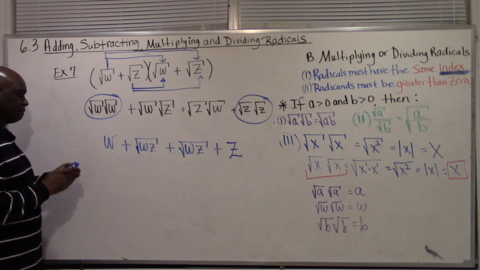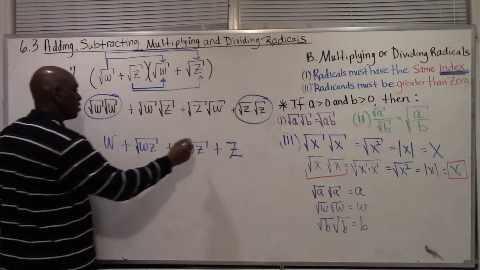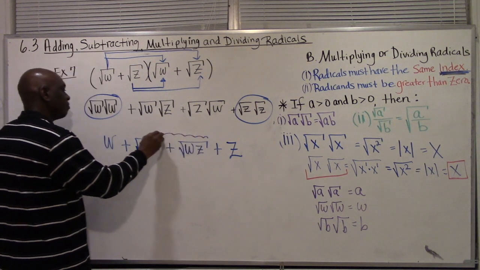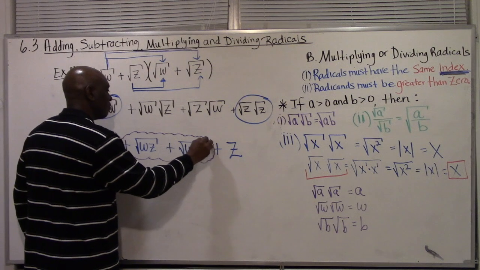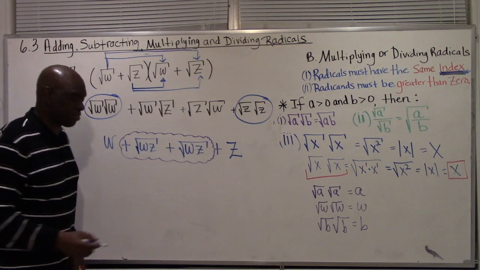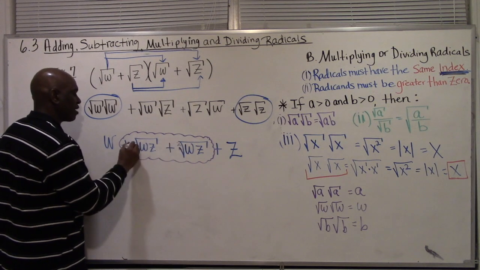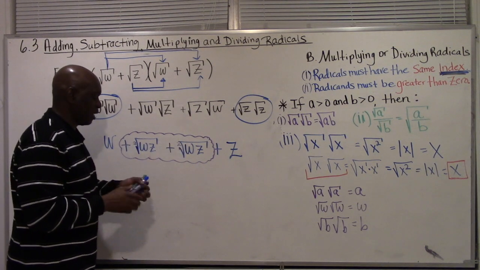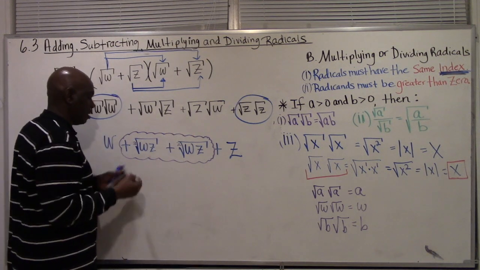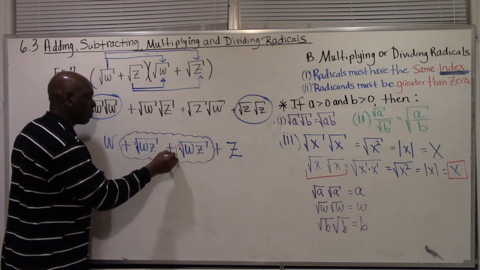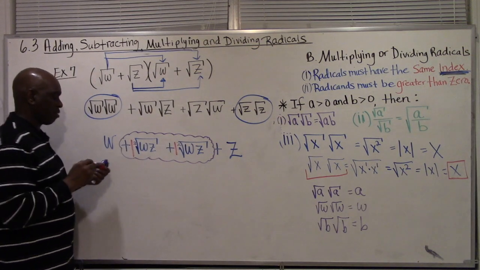We're almost done. Notice this piece in the middle. Same index. Index is 2. They have the same index. And guess what else they have? The same radicands. WZ, WZ. There is a 1 in the front right here, and there's a 1 in the front right there.